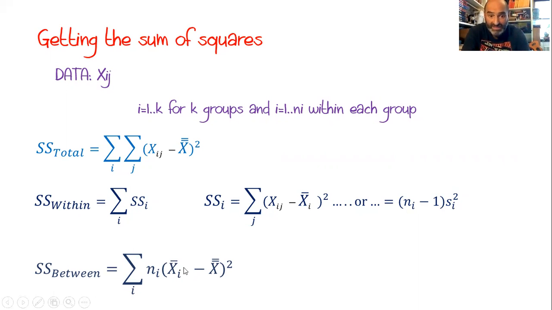So if all of your sample arithmetic means, your X bars, are very close to your aggregate data grand arithmetic mean, you're going to have a very small variation here. And now think of that. If all of your X bars are very close to X double bar, that means all X bars are very close to each other.